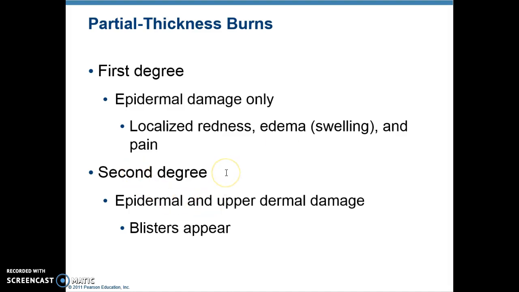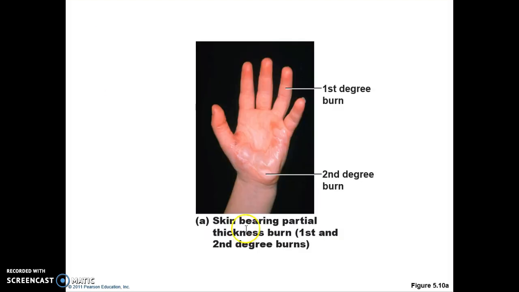Then a second degree burn means it's the epidermis and possibly some of the dermis, and this is where you get blistering. So the blister is when your epidermis is separating from your dermis. So you're getting damage to the basement membrane, I believe, and separation of the tissue layers. So here you have some ugly looking blisters down here and some redness and first degree burn up there.